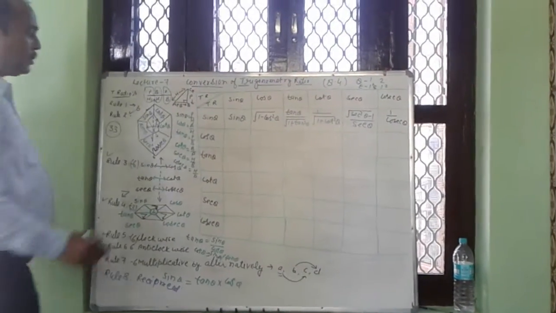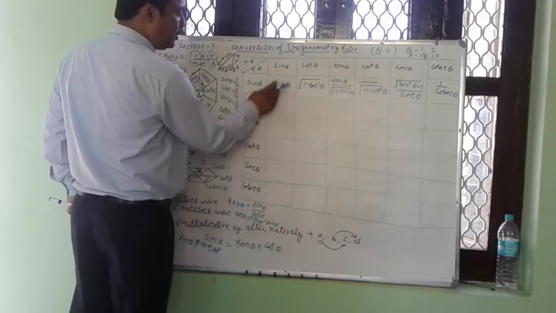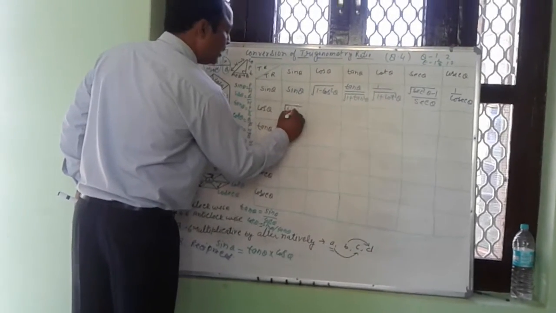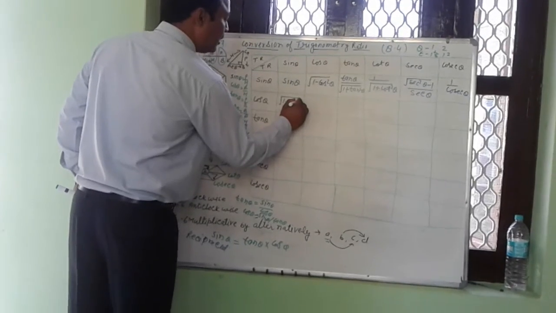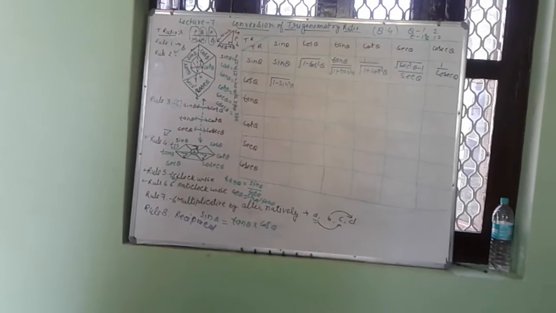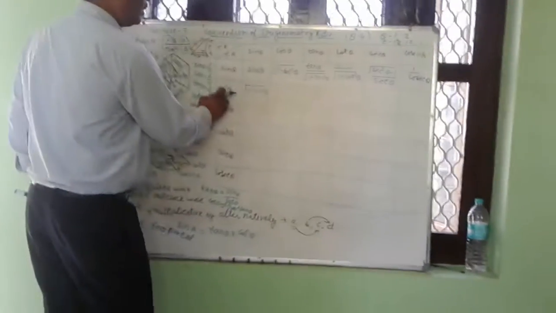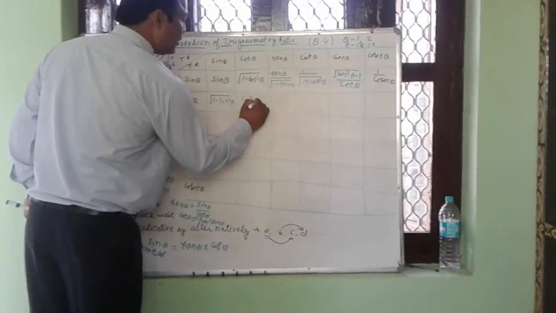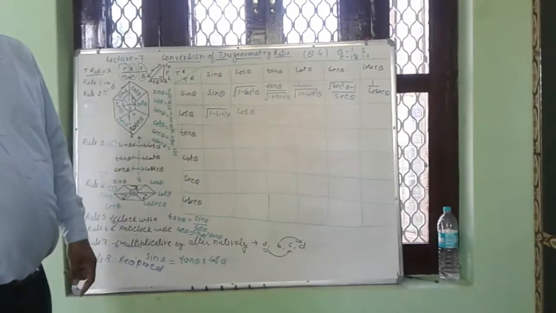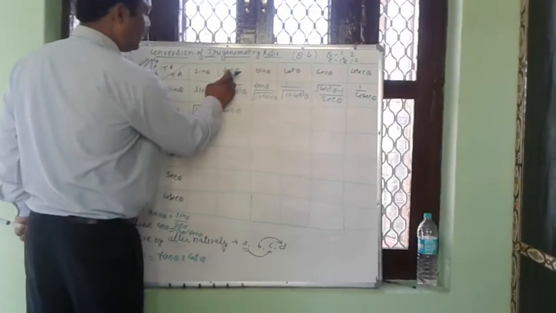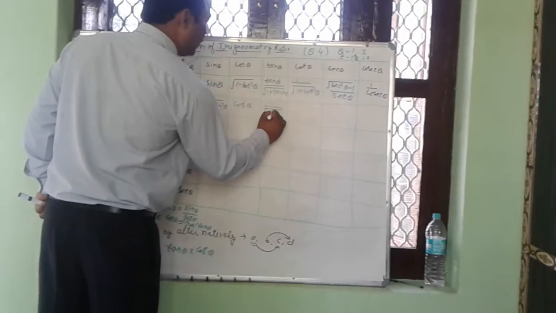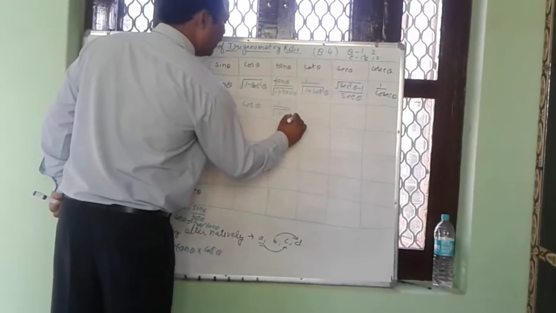Similarly, cos theta changed into sin is written like this: root 1 minus sin square theta. Cos theta in terms of cos theta is the same. Similarly, in terms of tan theta, it is 1 upon root 1 plus tan square theta.